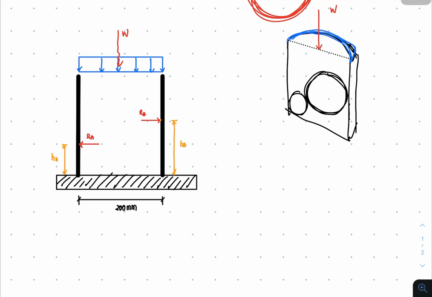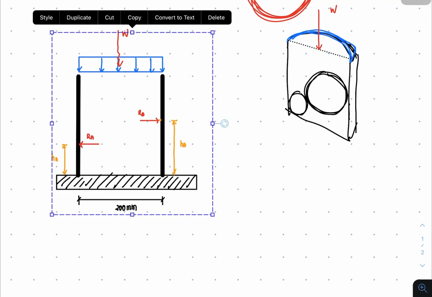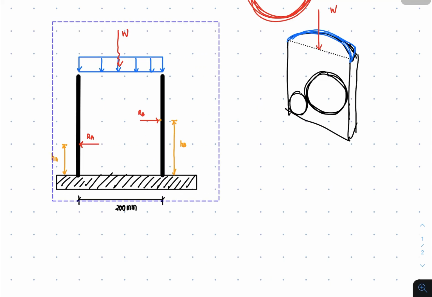So RB is the element that will cause tipping over. Since the action of RB is towards here, the tendency is that the body will rotate like this. It's going to tip over, something like that.